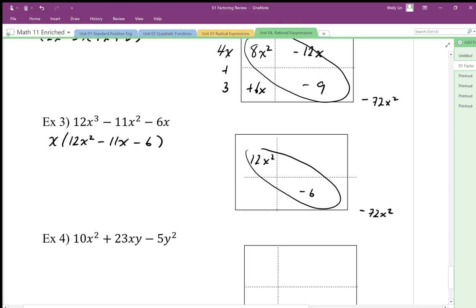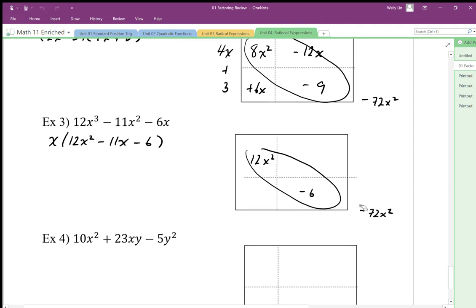Okay, so when we look at negative 72, the difference being 11, we could try factors of 72 like 18 and 4. Okay, 18 and 4 don't work. The next factor will be 12 and 6.